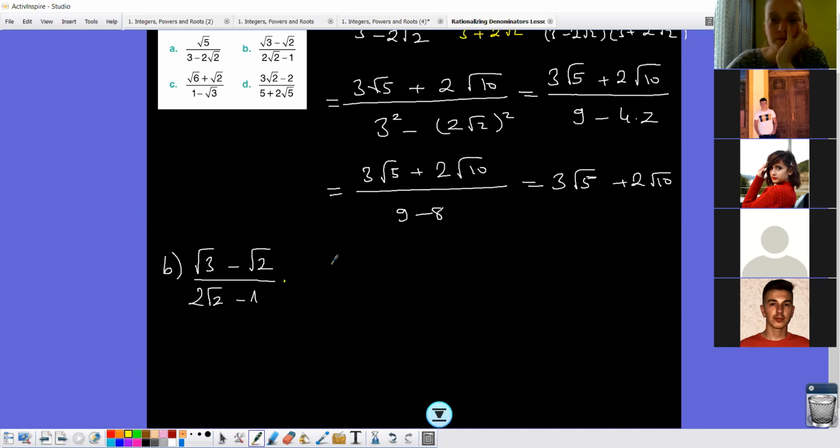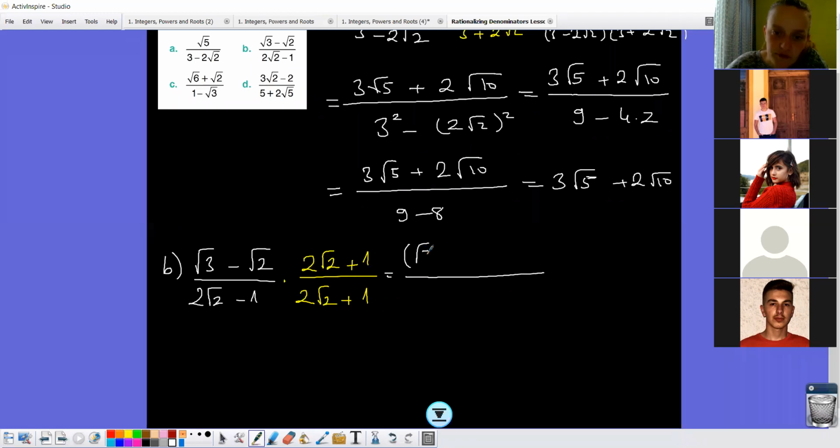With which numbers will I multiply and divide? 2 root of 2 plus 1. 2 root of 2 plus 1, and then over 2 root of 2 plus 1. Yes. Then what will we have?